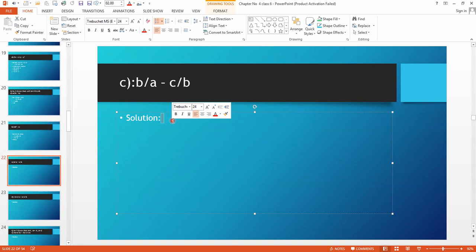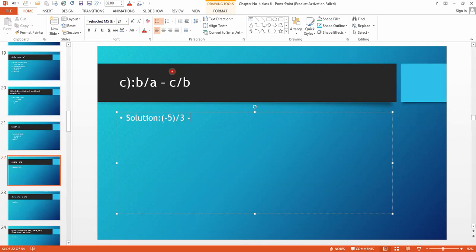They have written B over A, and the value of B is equal to minus 5. So I have to put this value in a bracket. Minus 5 over the value of A, which is 3.